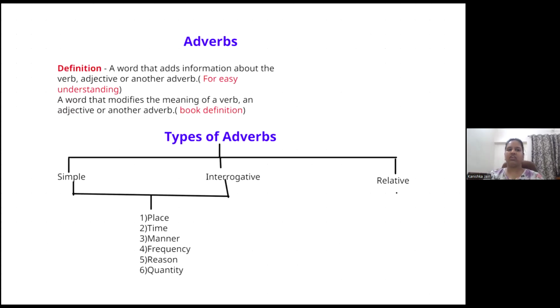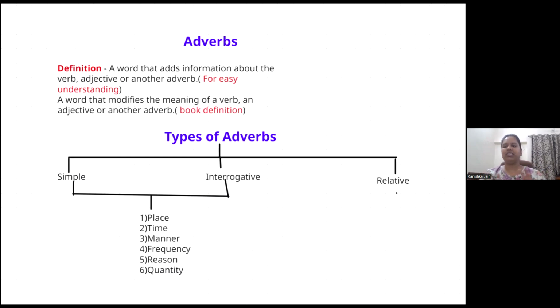So yes, as I have mentioned before, today's topic is adverb. For the ease of understanding the subject, we are going to say that the definition is: a word that adds information about a verb, adjective, or adverb is an adverb. Now the definition itself has the word in it.